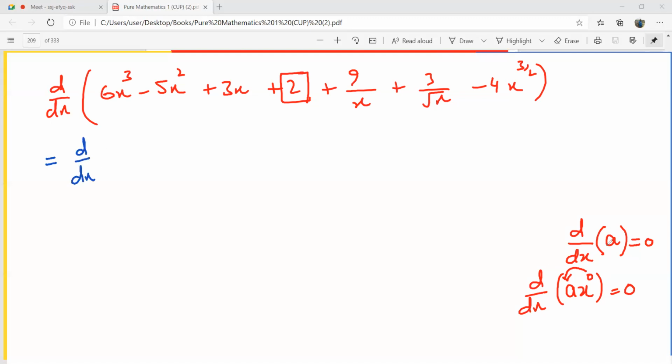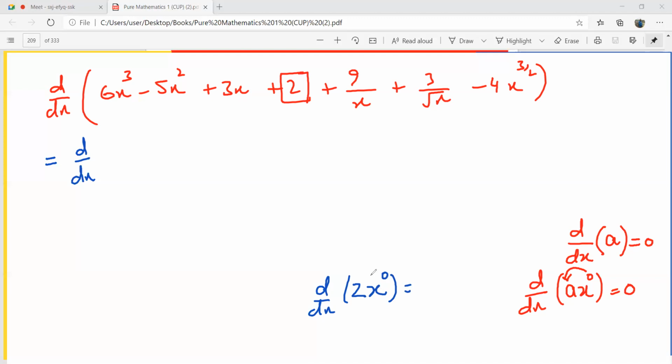Look at this. This is the number over here. For example, there's 2 over here. When you have to differentiate this with respect to x, this should be in terms of x. There is no x over here, but you can write 2x raised to 0 with this, because x raised to 0 is 1.